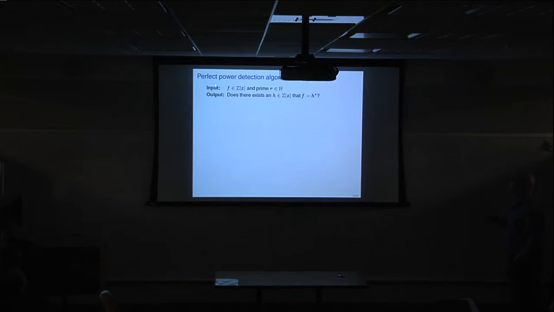So first of all, there's my input. I have an integer polynomial f, and I'm going to just start out with a prime r. I'm going to give you the prime r. And I ask, does there exist an h such that f is equal to h to the r? And I'm not going to attempt to compute h precisely because h may, in principle, be huge. So you could actually have that a sparse f is the 5th power of a dense h.